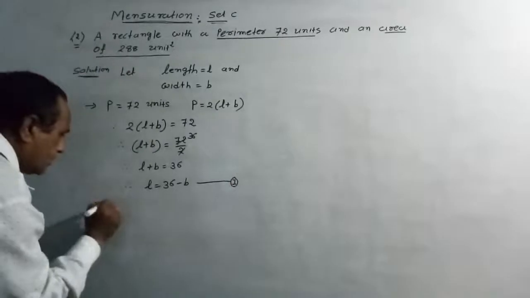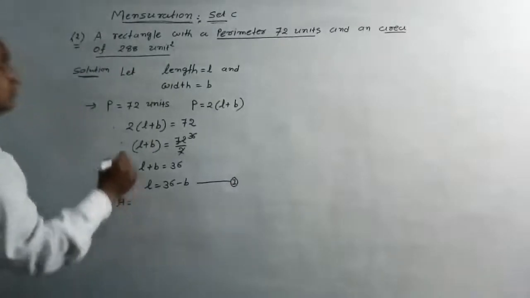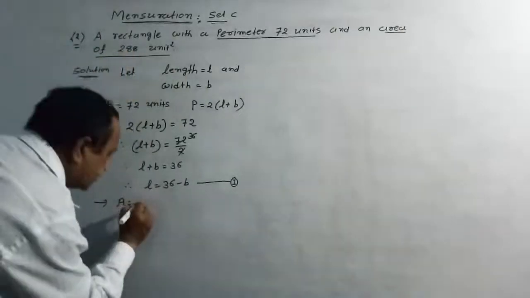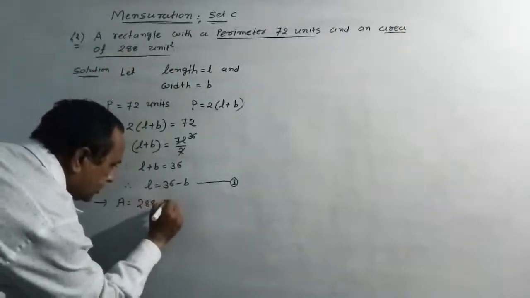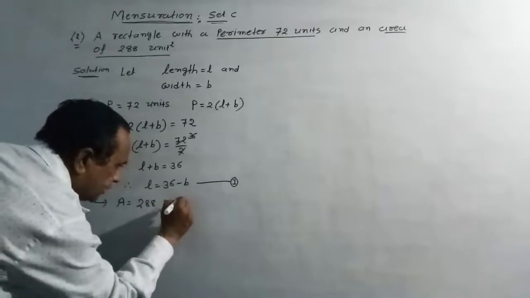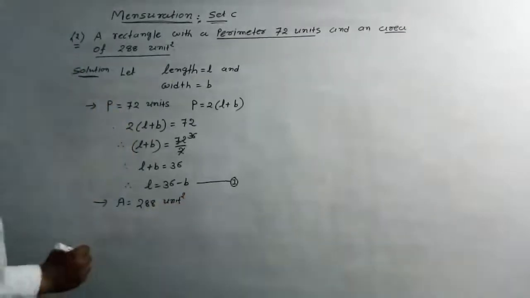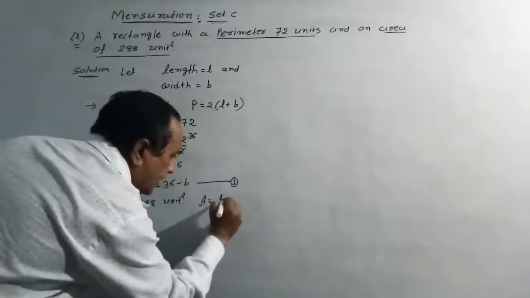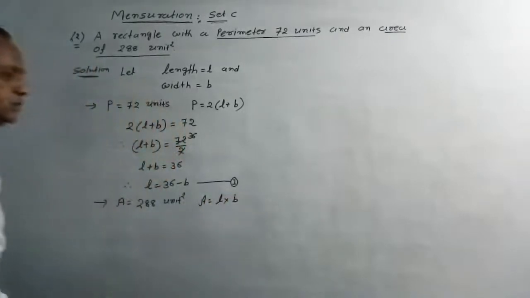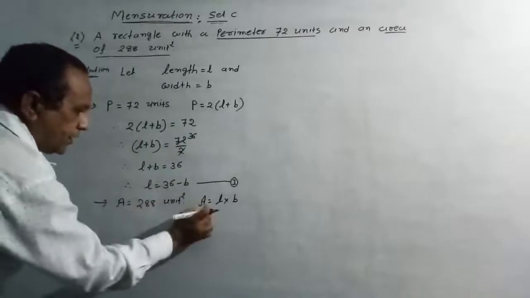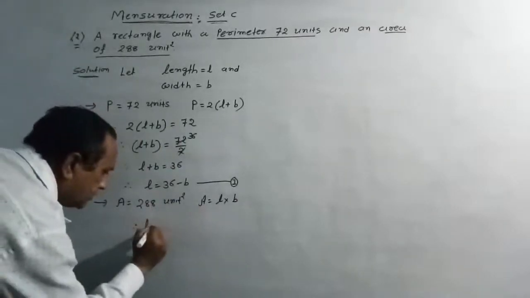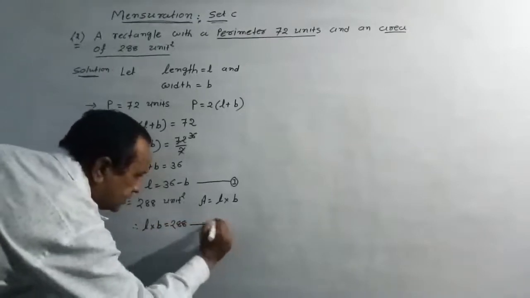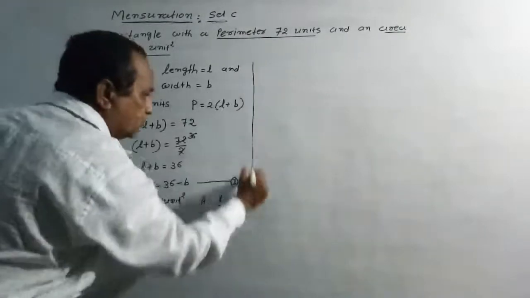Now area of rectangle is 288 units square. The formula of rectangle area is L multiplied by B. So put the value of A: L multiplied by B is equal to 288. This is equation number 2.